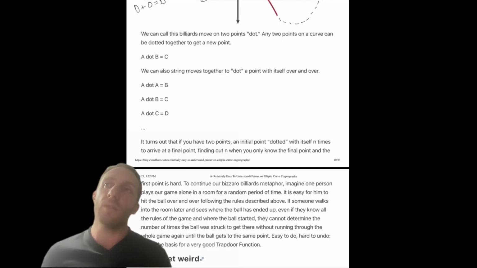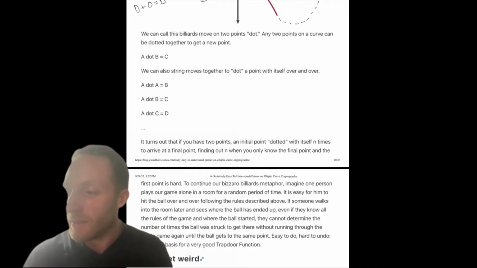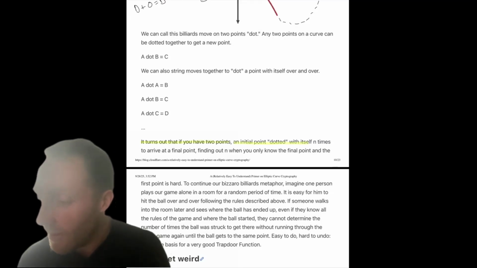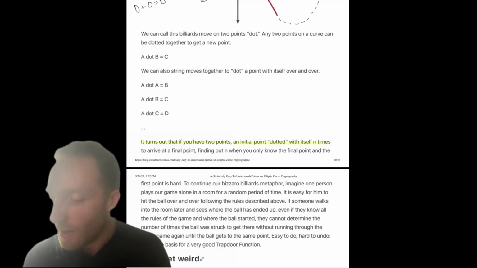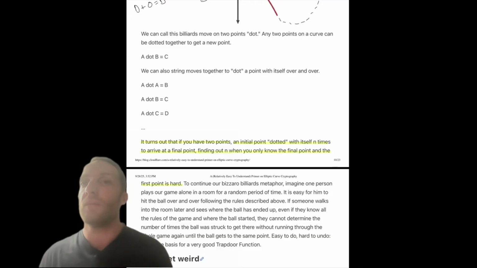Okay, so now we have the structure. Why is it interesting? Because of this. It turns out that if you have an initial point added to itself n times to arrive at a final point, finding out n when you only know the final point and the first point is hard. So what does this mean?